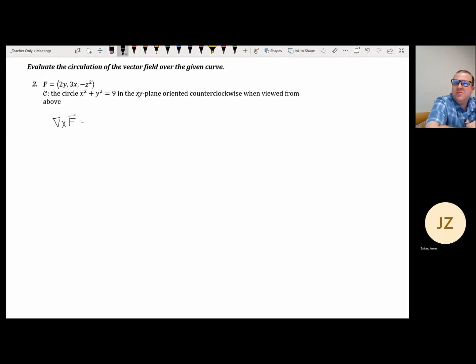We need the curl. Which is great, because I was going to do curl anyway, to see if it was conservative. Because if it's conservative, I'm done. It's 0. I can just look at this and tell you it's not conservative.